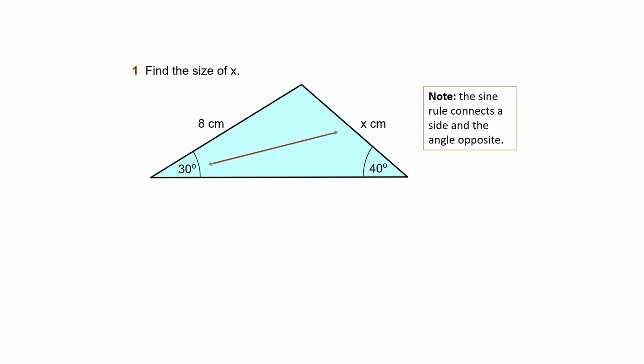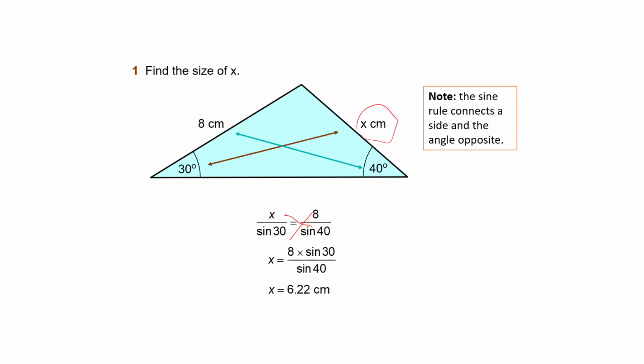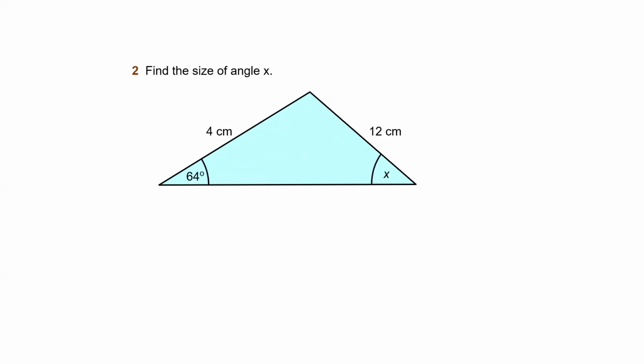So when I cross multiply here, I have x sine 40 equals 8 sine 30. Divide both sides by sine 40, tap my calculator, and I have this side as 6.22 centimeters.